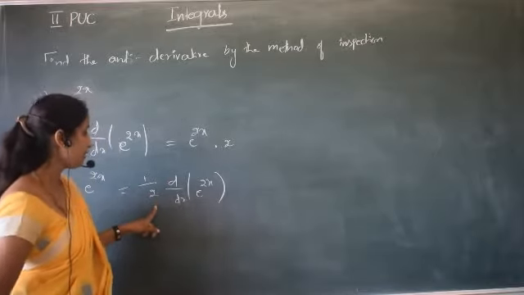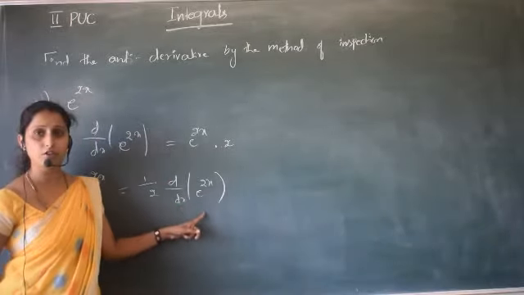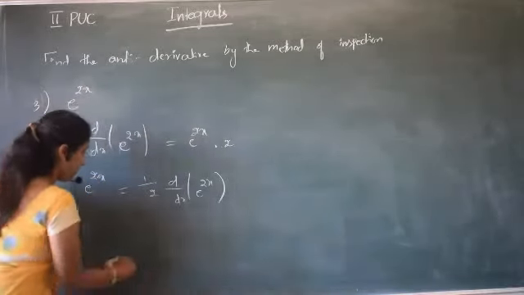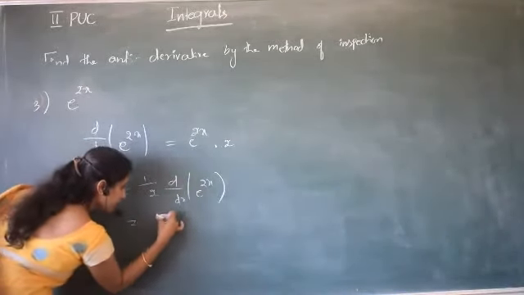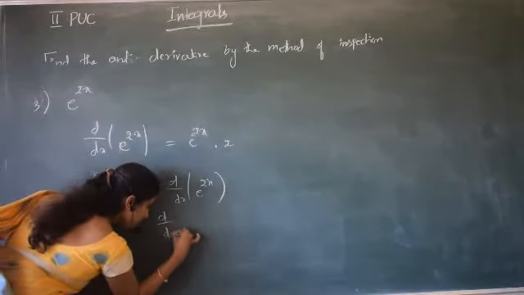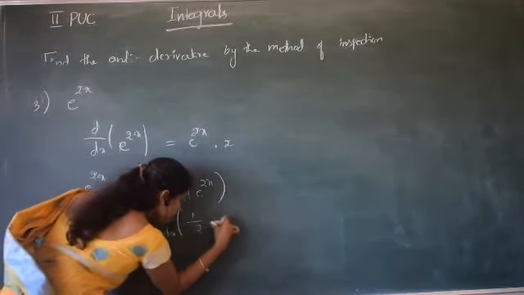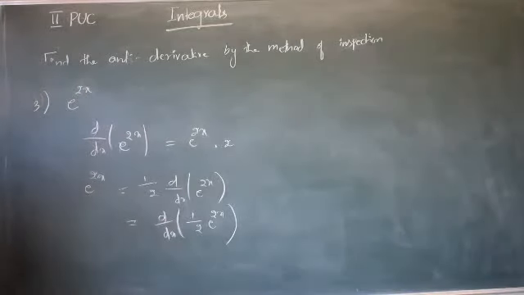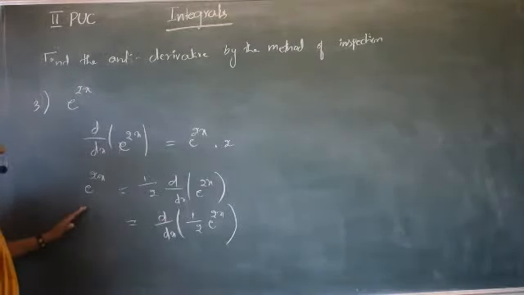Again, half, that means a constant into the derivative of a function, can be written as the derivative of constant into function. So, this will be the derivative of half into e power 2x. So, e power 2x can be written as the derivative of half e power 2x.